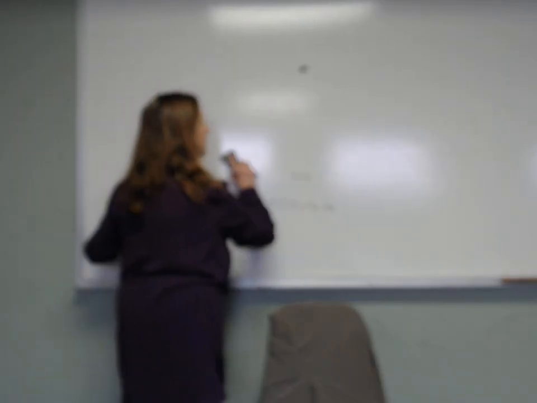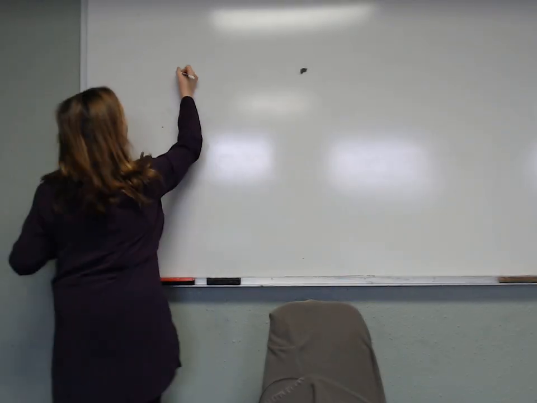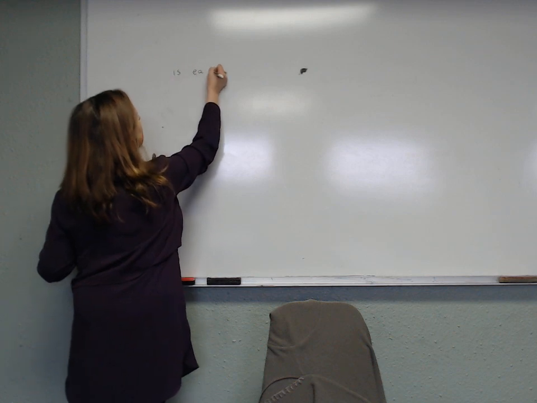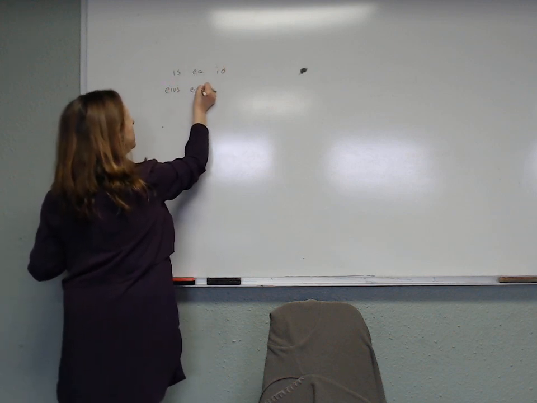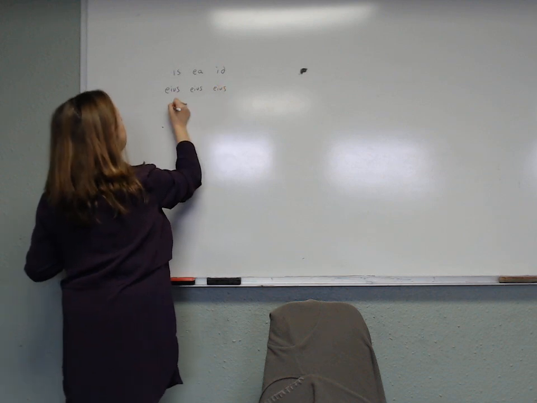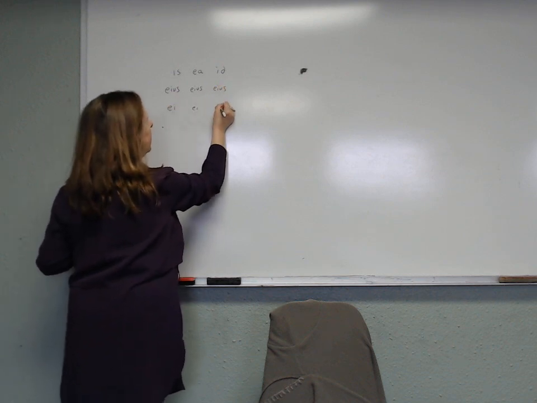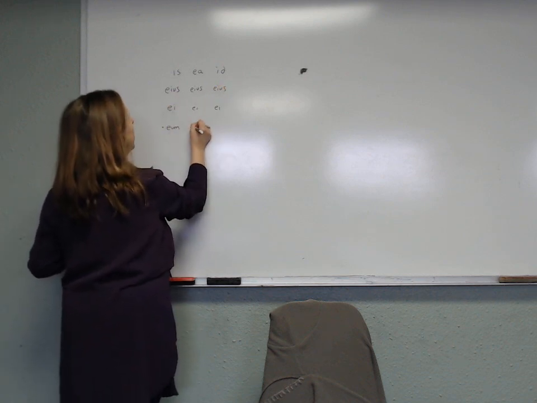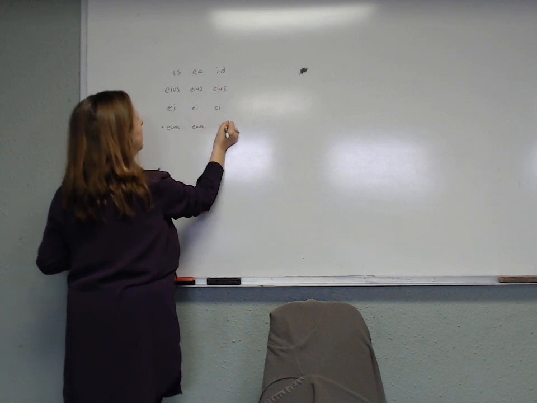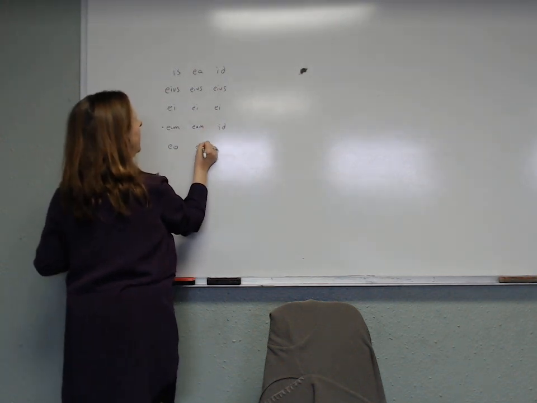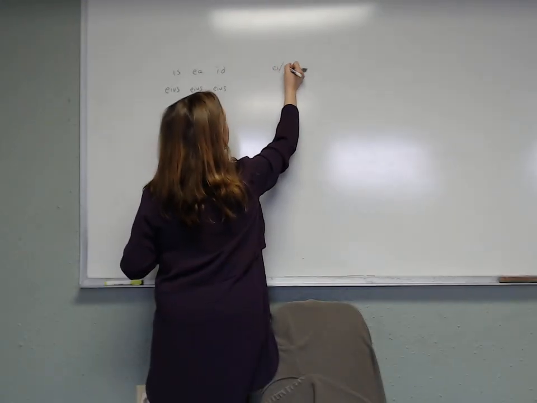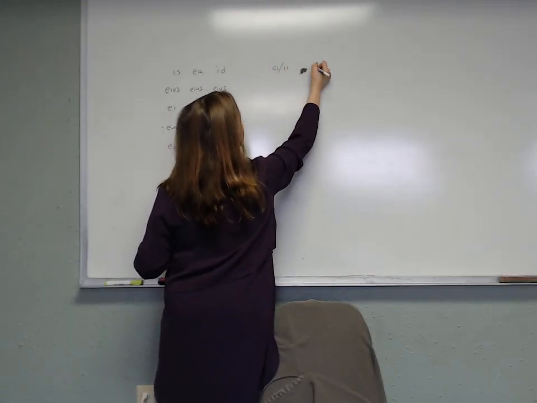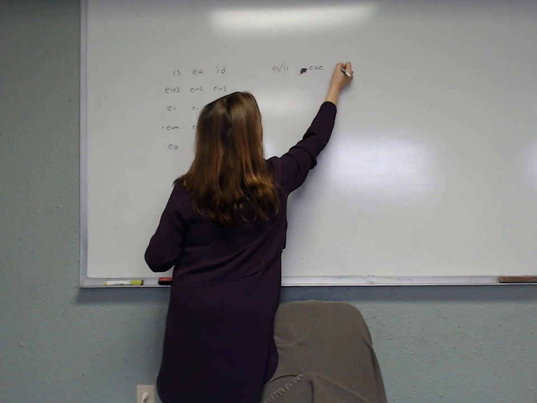And we're going to get a rhythm for that. And first of all, I'm going to put all the is-id endings on the board. Okay? So here we go. Is, ea, id. And your goal is to be able to do what I'm doing right now. Okay. Eos, ae, eum, id. Now this one has two forms, and they're both okay.